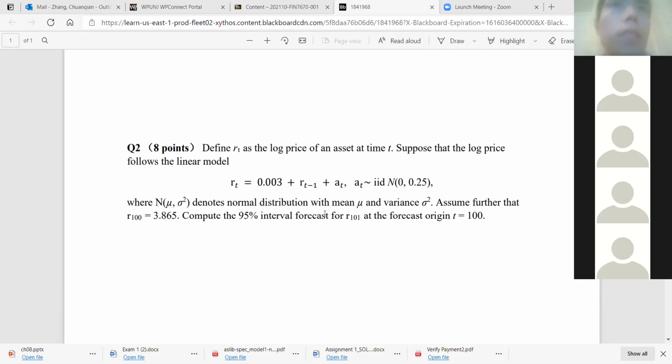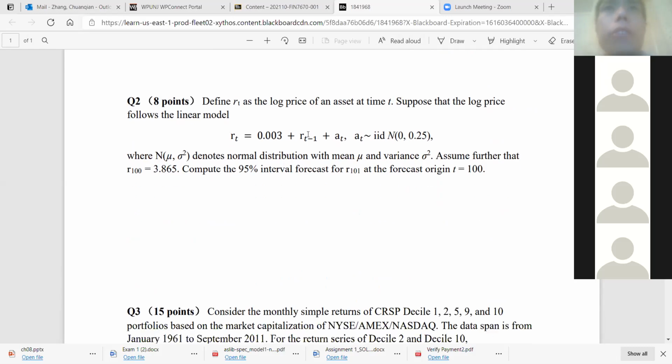The second question is about if I give you the regression. This is an autoregressive model of order one, AR(1). I tell you the constant, I tell you the coefficients, and anybody can tell me whether it is a stationary or non-stationary process based on this equation.